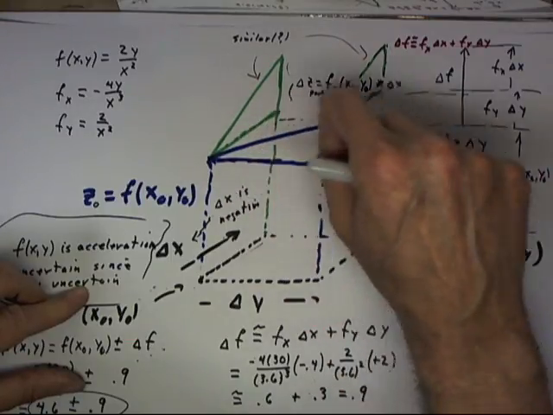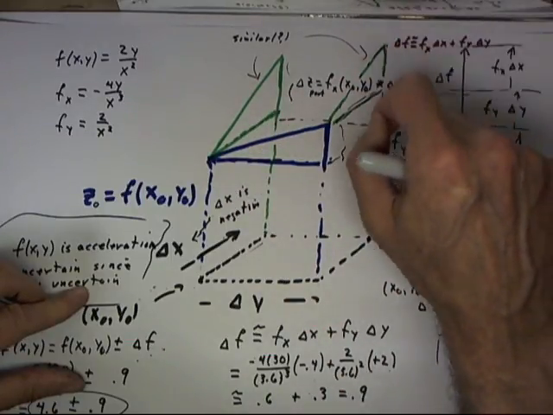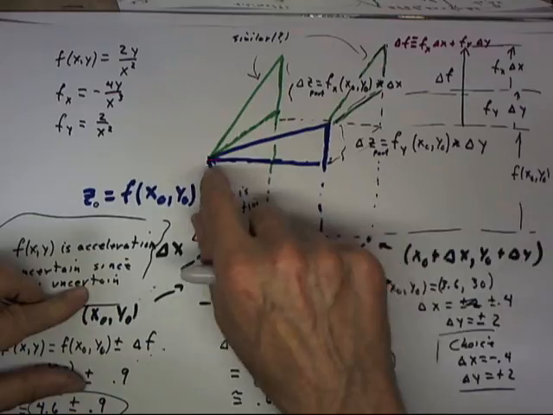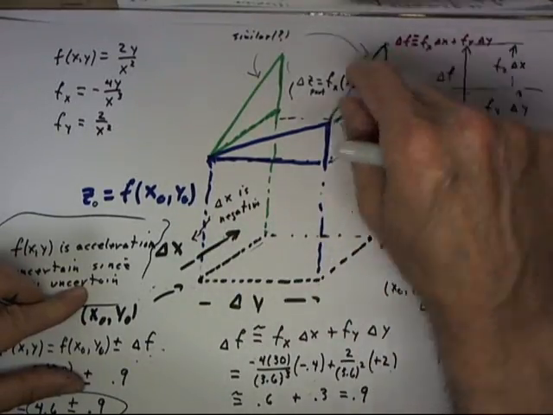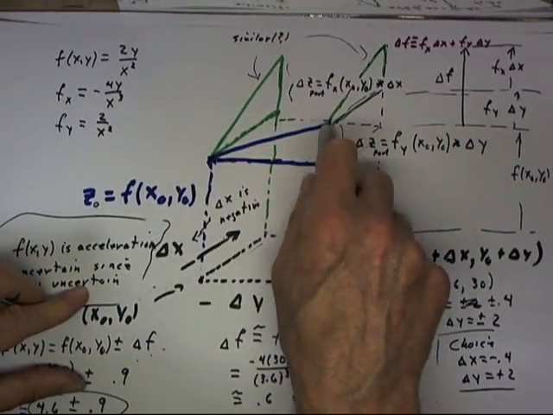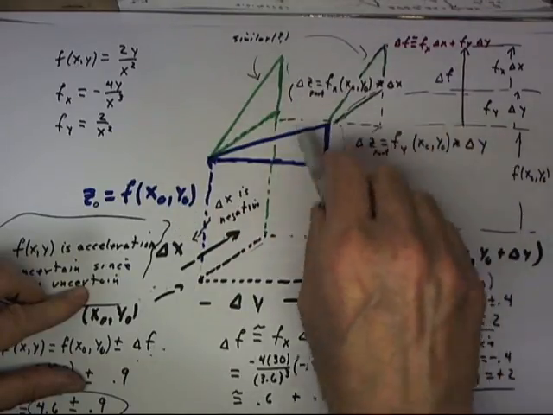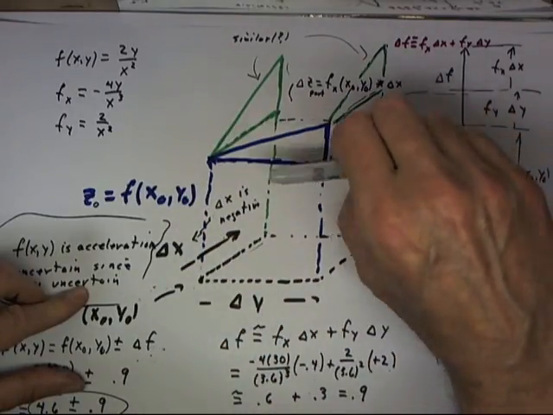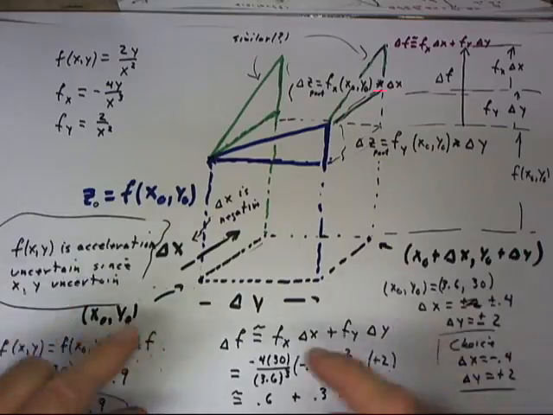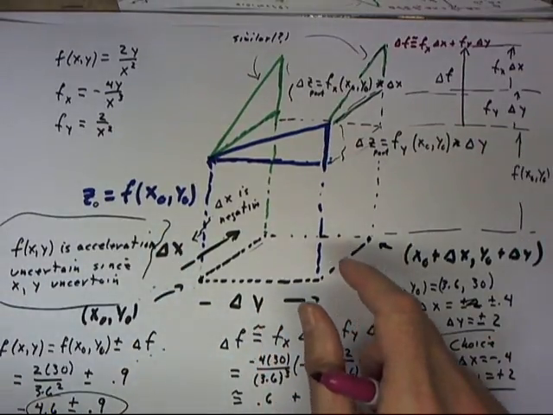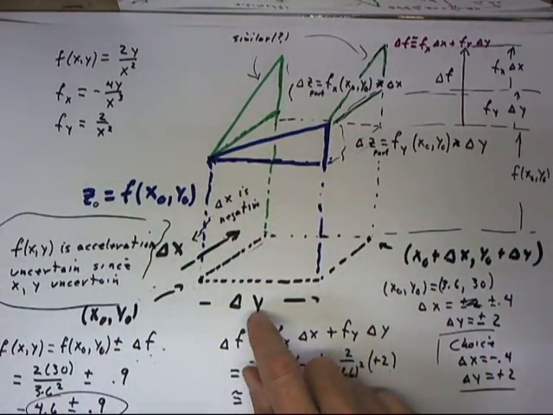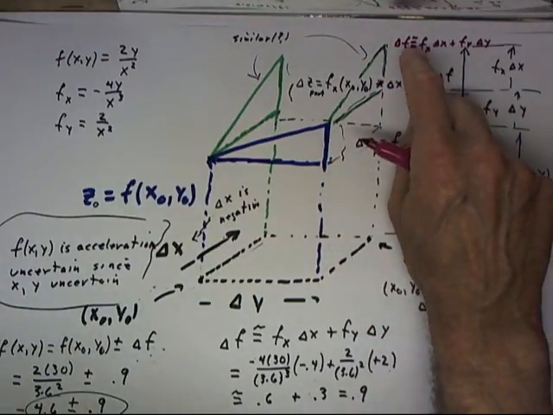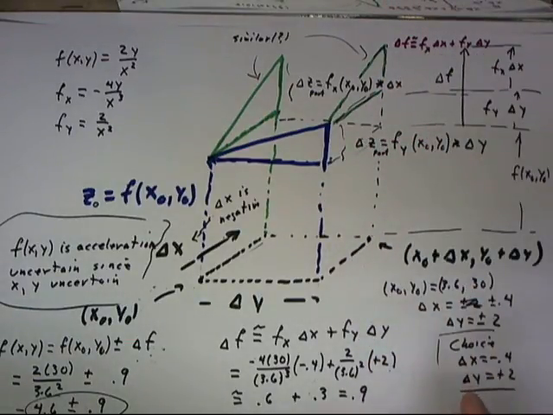The way I've constructed it, it is, but if we go to the actual value of the function, the slope will very possibly change a bit as we move in the y direction. The slope in the x direction will probably change a little bit, but as long as, again, the delta y and the delta x are small, the change will be slight, and this approximation is going to work.